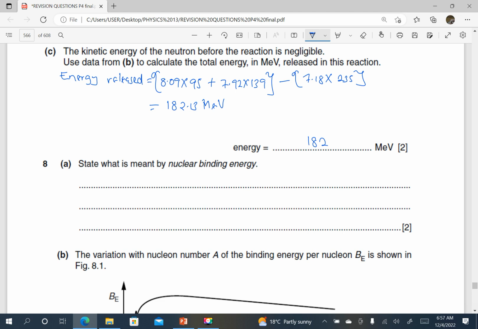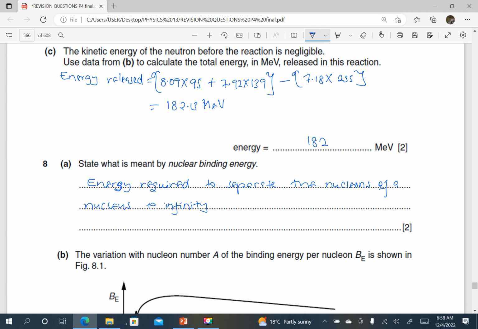So that energy released, or that energy required, the energy required to separate the nucleons in a nucleus, or the nucleons of a nucleus, to infinity.